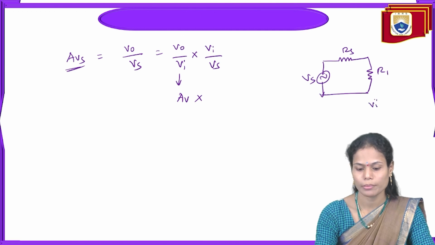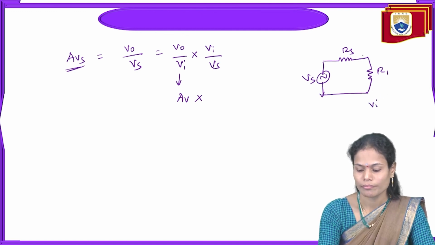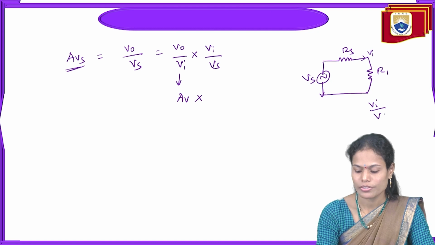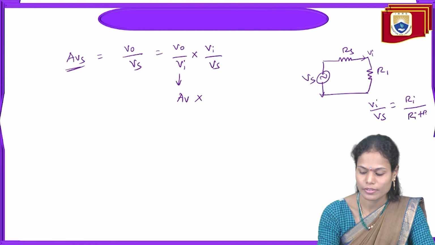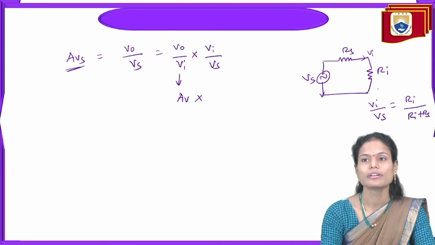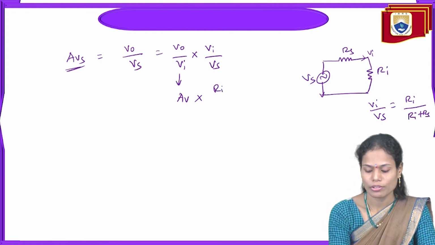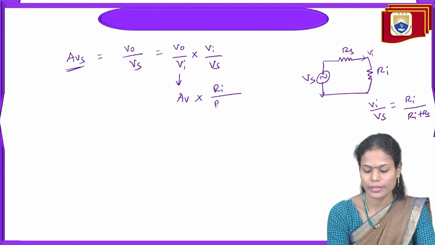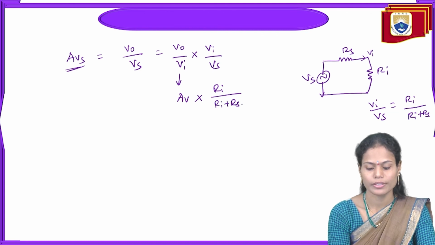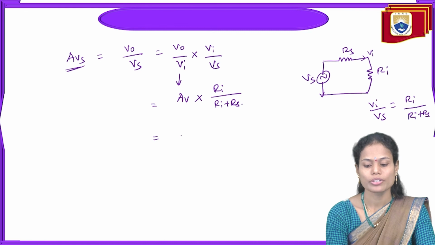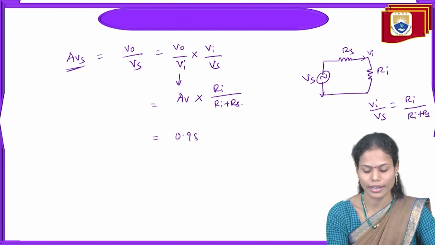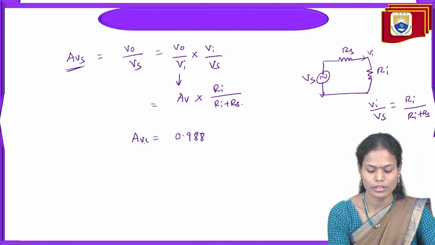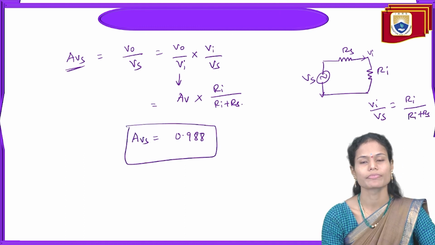So here Vi by Vs, if you write, we will get it as RA by RA plus RS from this circuit. So after substituting all these values and after simplification, we will get it as 0.988. This is the overall voltage gain.